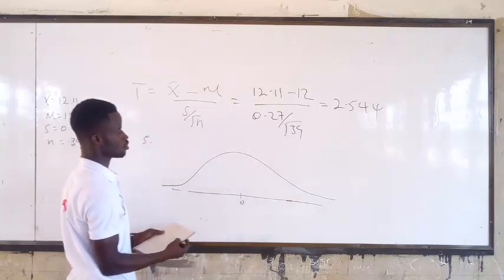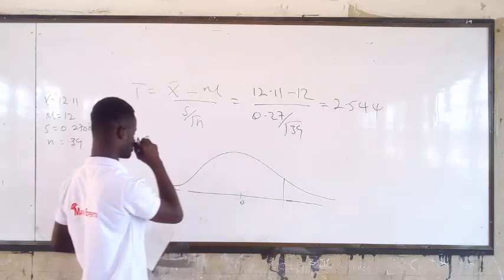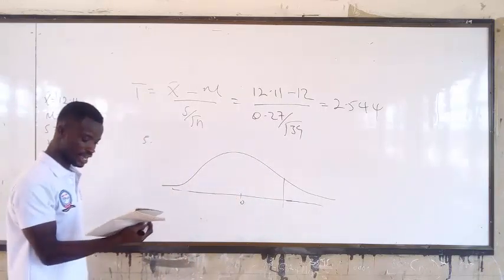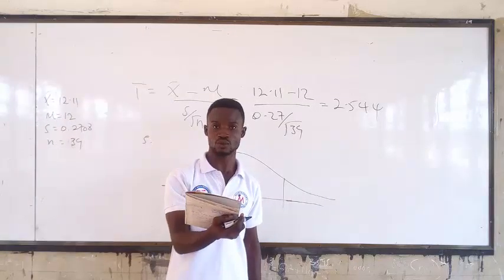From the question, the mu is greater than, that is the alternate what? Hypothesis.